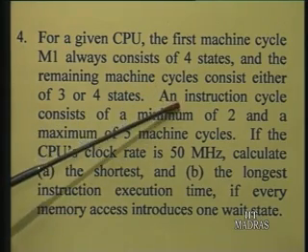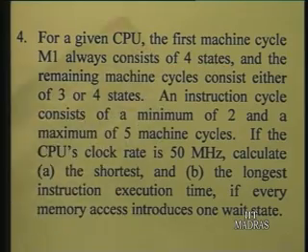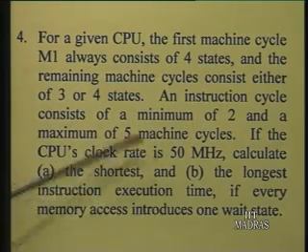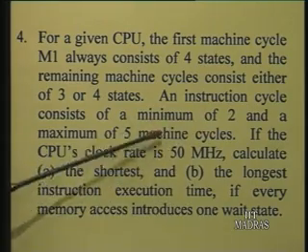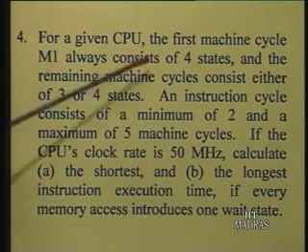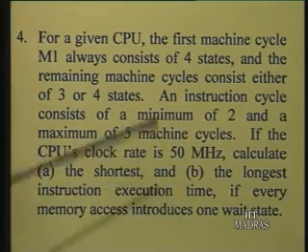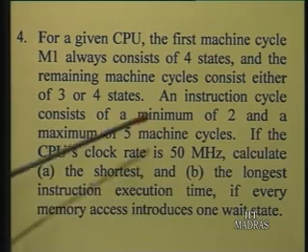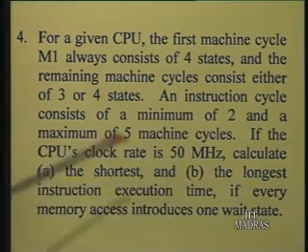Now we talk about the instruction cycle, which consists of machine cycles. It says a minimum of 2 and a maximum of 5 machine cycles. So, this particular thing is variable. Minimum of 2 would mean M1 and M2, and maximum of 5. So, M1 is always there, then M2, and then beyond that M3, M4, M5. Now, it says the CPU's clock rate is 50 megahertz.